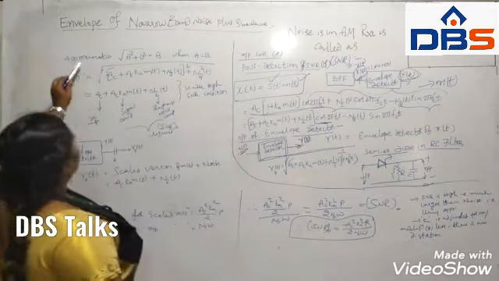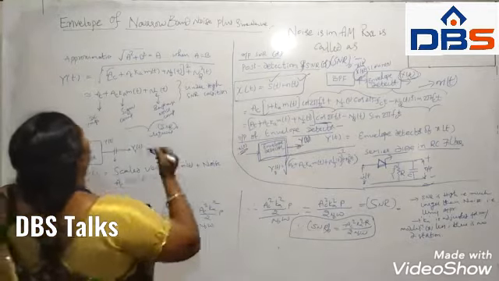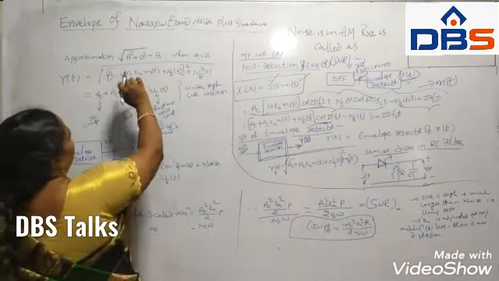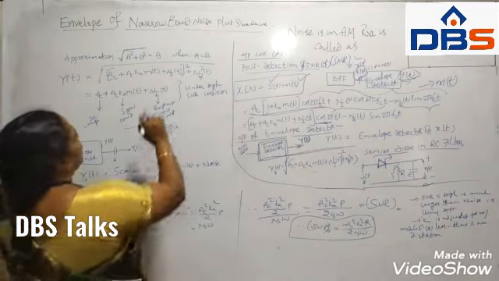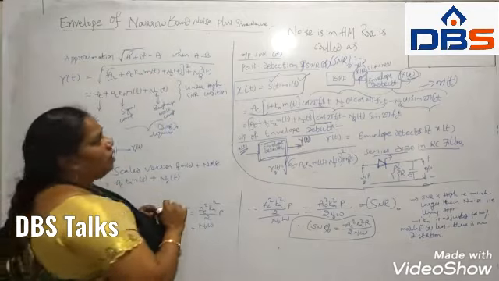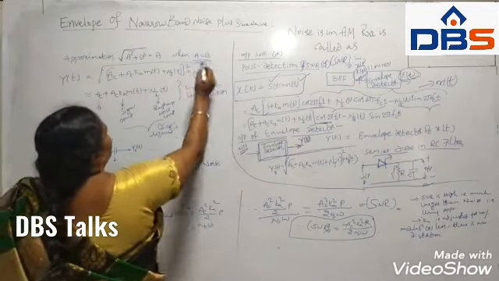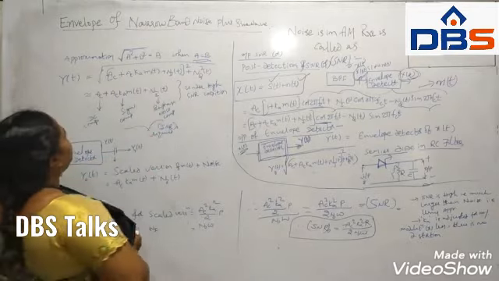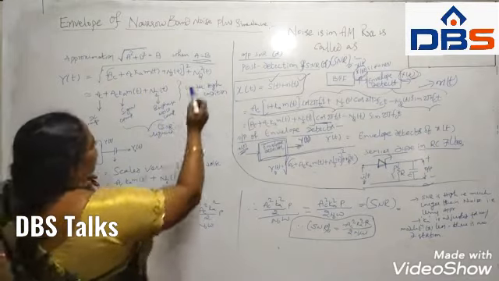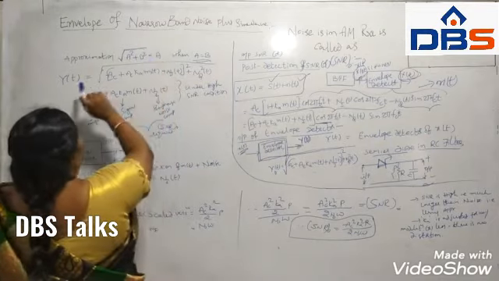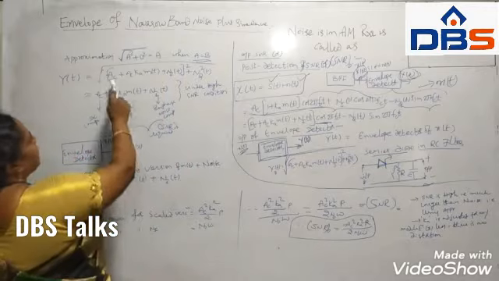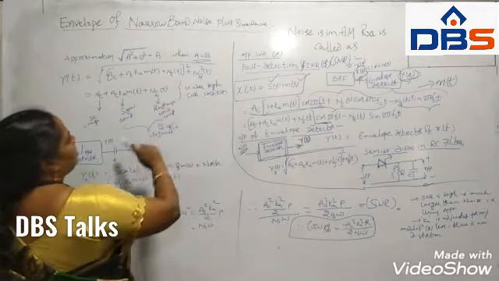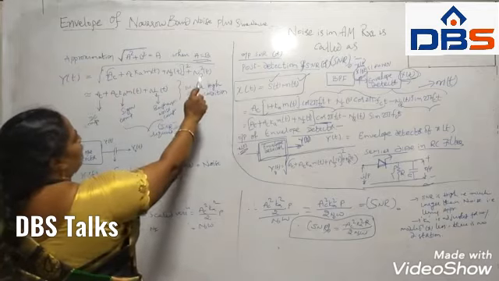For that approximation, under the square root, we can assume this: square root of a square plus b square is approximately equal to a, which is possible when a is much larger than b. So here we can assume y of t is equal to the square root of (AC plus AC Ka M of t plus Ni of t) whole square plus Nq square of t.